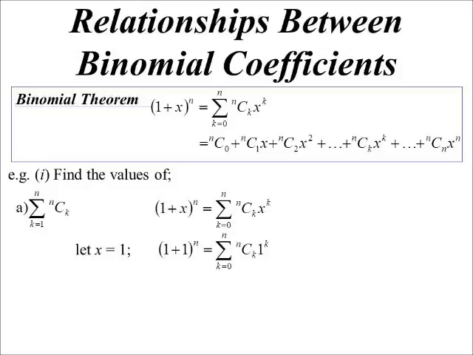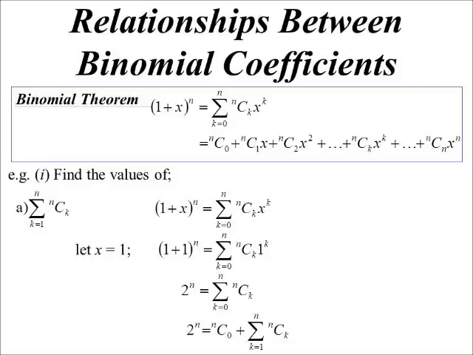So we'll let x equal 1, and now the binomial theorem says (1 plus 1) to the power of n is the sum of k equals 0 to n of nCk. Close to what I want, but not quite the same. So 2 to the power of n is the sum for k equals 0 to n. Well, all I've got to do is take away the term where k equals 0, and I've got my answer.